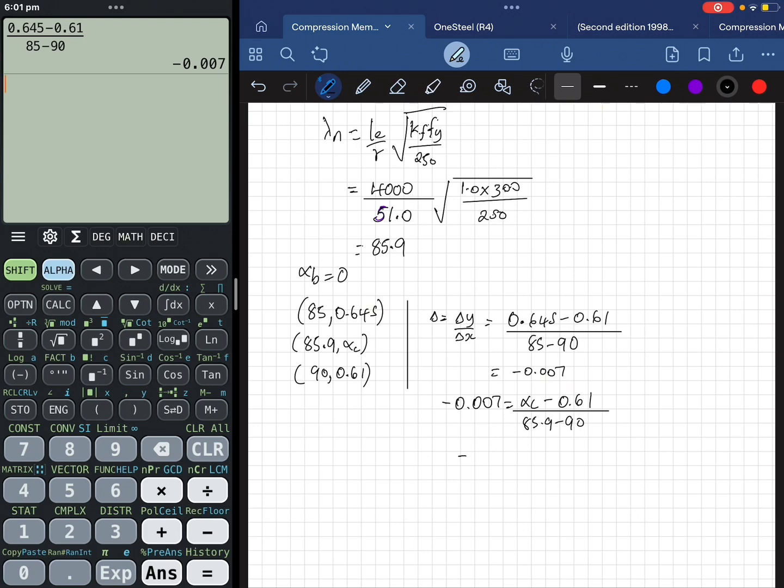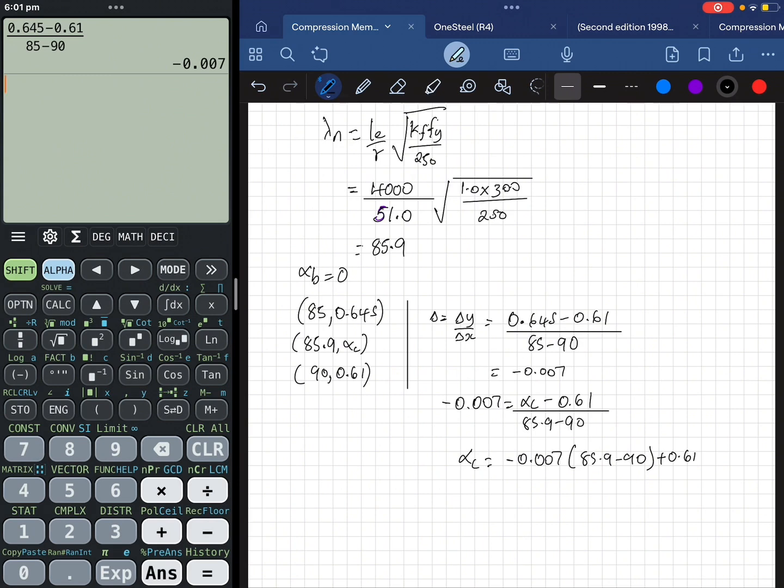Alpha c is going to equal minus 0.007 multiplied by 85.9 minus 90, and then add 0.61.